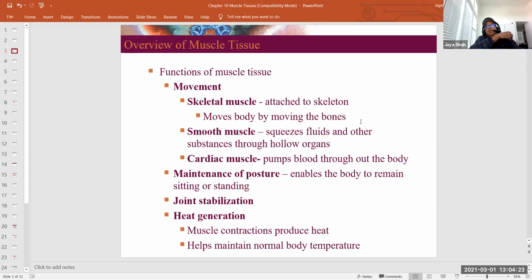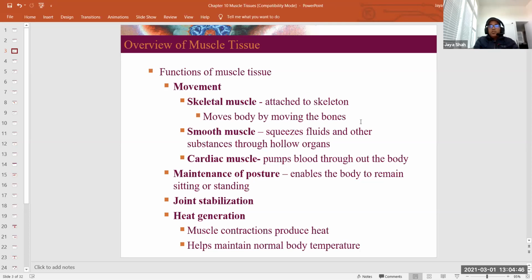So the biceps muscle crosses the shoulder joint and the elbow joint. So when this muscle contracts, it can move the elbow joint. And when it contracts, we perform the function of our hand with the movement of the hand. So moving the body is the function of skeletal muscle.